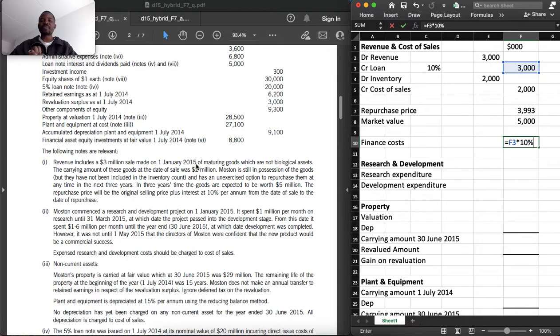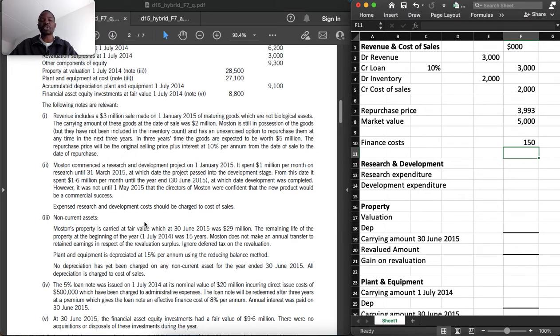The loan is from January, February, March, April, May, June. So it's for 6 months. So we multiply by 6 divided by 12. So the finance cost of that loan is 150. Let's go to note number 2.